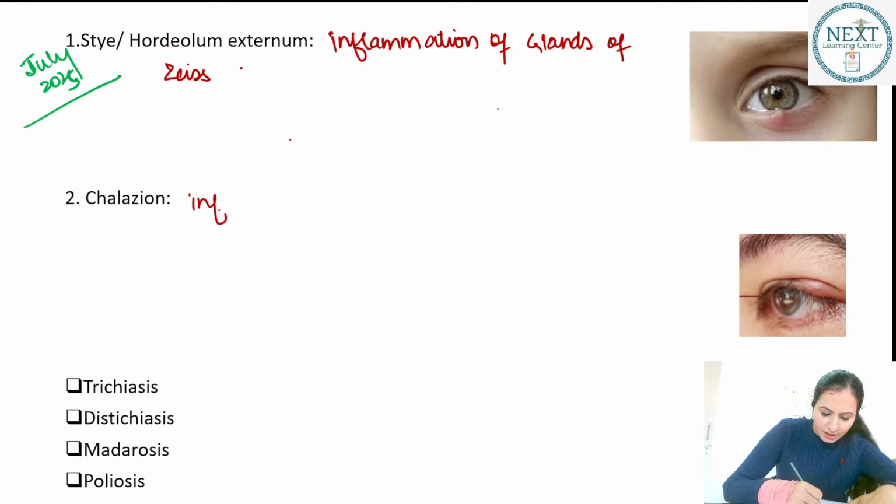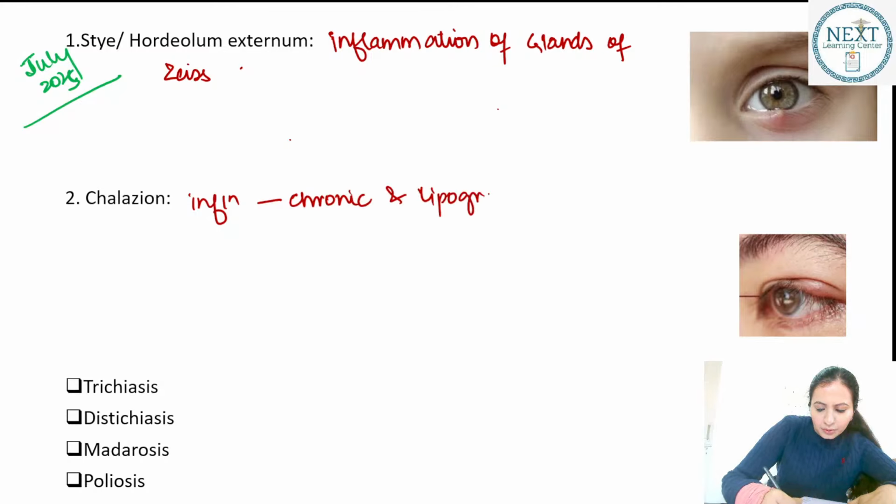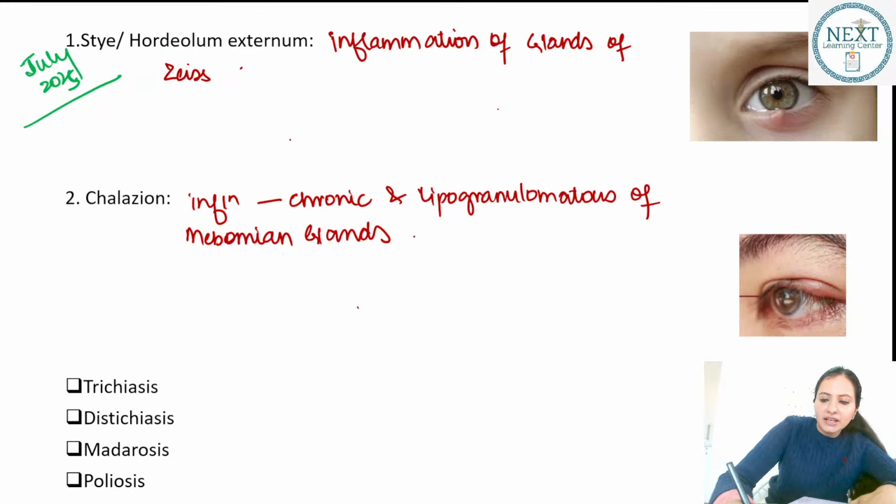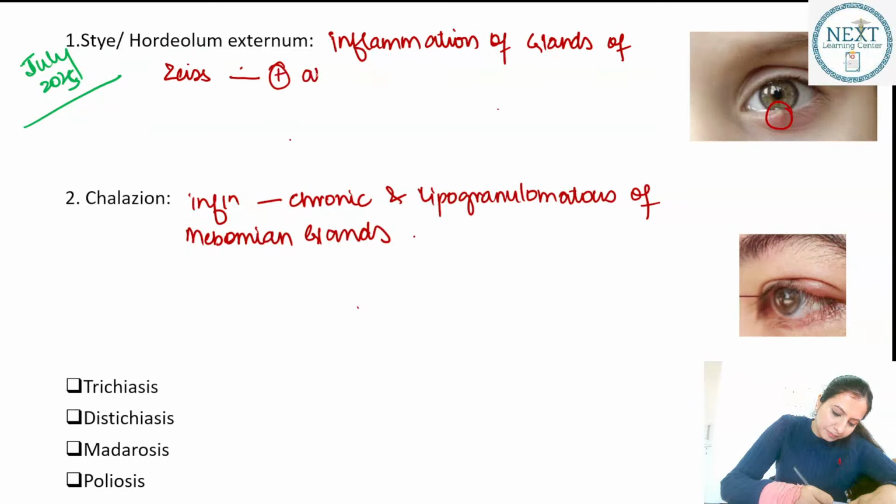Chalazion is characterized by chronic, lipogranulomatous inflammation of the meibomian glands. So if we talk about stye, it is here. Basically the glands of Zeis, these glands are present at the base of the hair follicle.